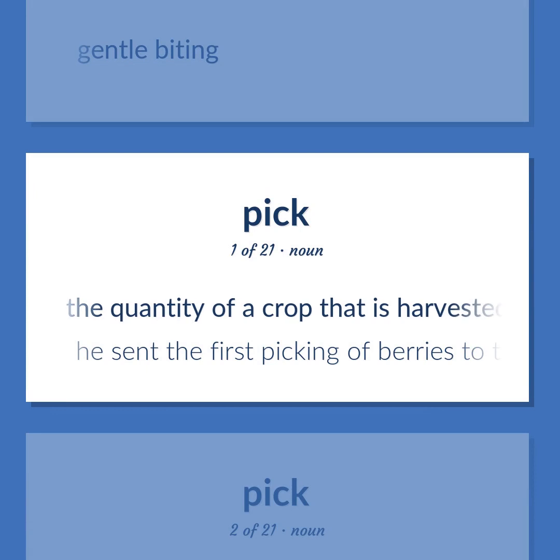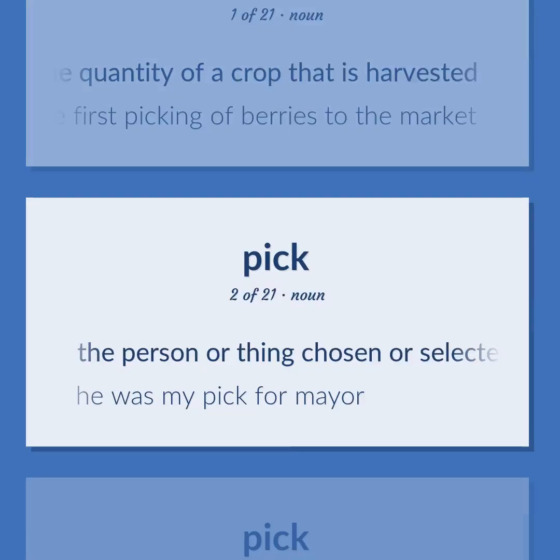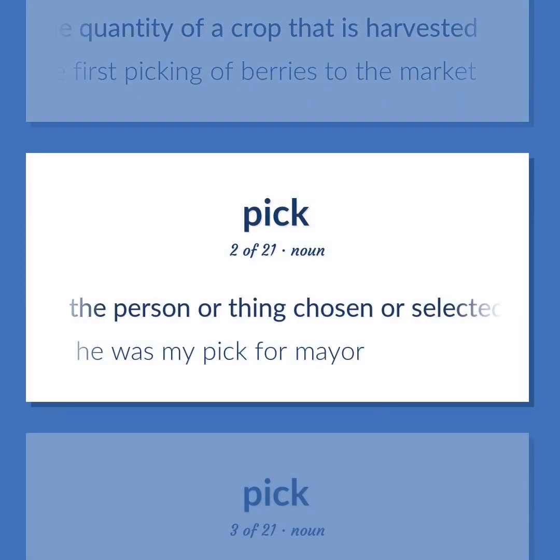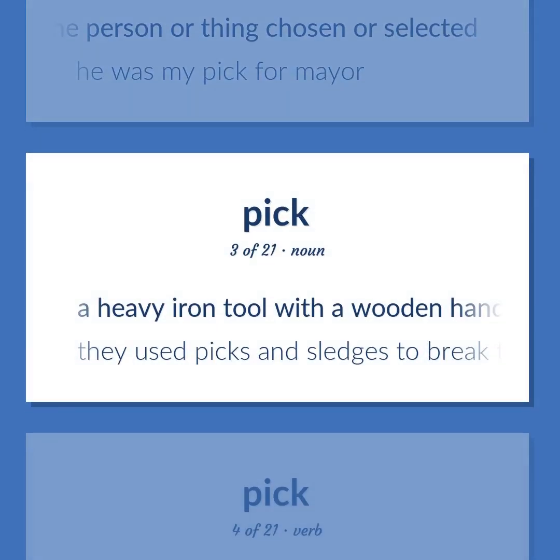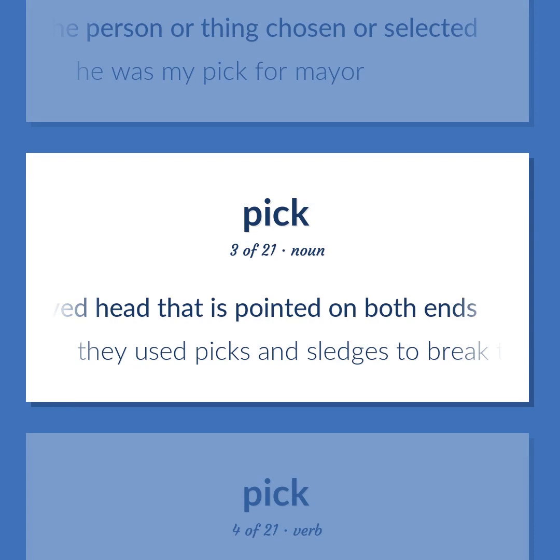The quantity of a crop that is harvested. He sent the first picking of berries to the market. The person or thing chosen or selected. He was my pick for mayor. A heavy iron tool with a wooden handle and a curved head that is pointed on both ends. They used picks and sledges to break the rocks.